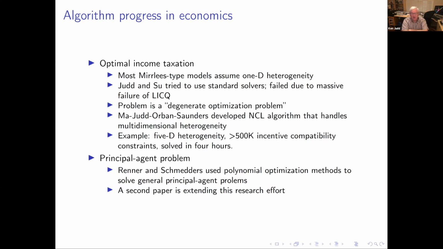And then about 2005 or so, Chaylin Su and I started writing up some code to look at problems that had more than one dimension of heterogeneity. People differed not only in terms of productivity, but they could differ in terms of their tastes, maybe elasticity of labor supply, or curvature of the utility function, or different age, or all 3 or 4 of them.